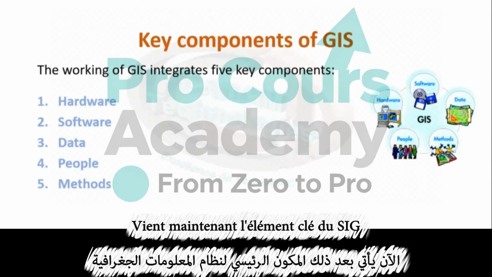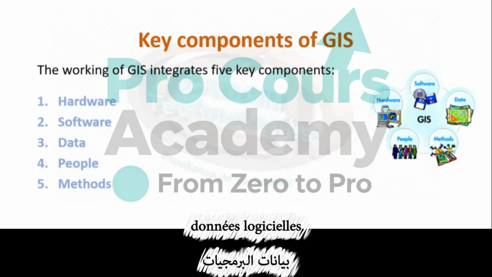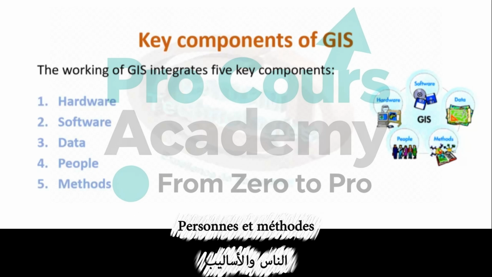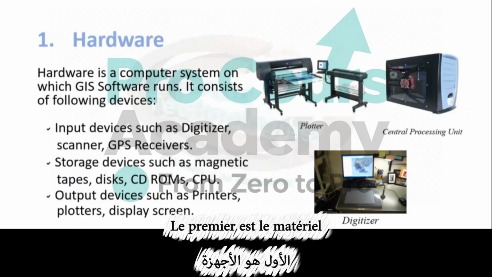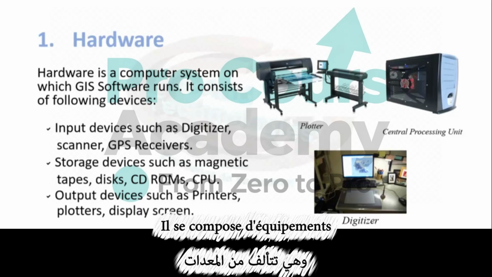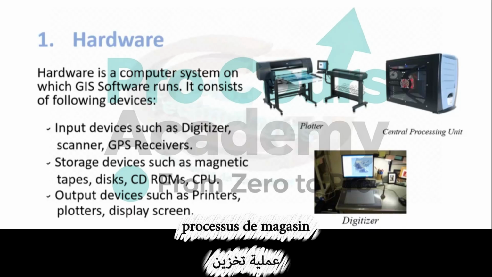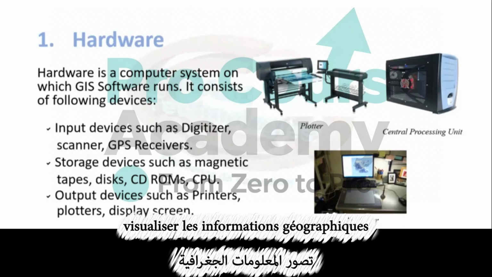Now, next comes the key components of GIS. There are 5 key components: hardware, software, data, people, and methods. First is hardware. Hardware is a computer system on which GIS operates. It consists of equipment and support devices that are equipped to capture, store, process, and visualize the geographic information.